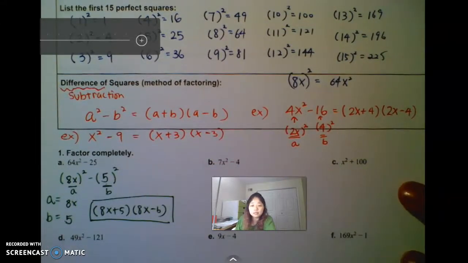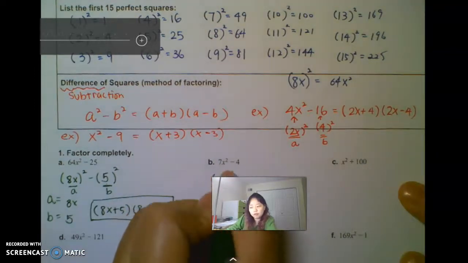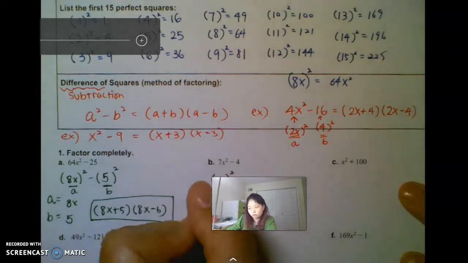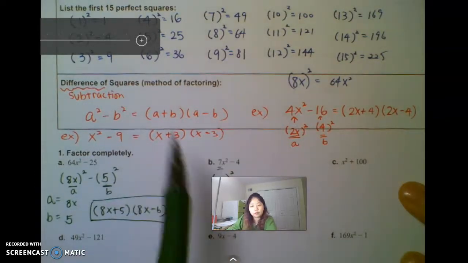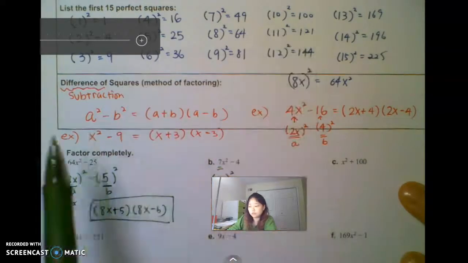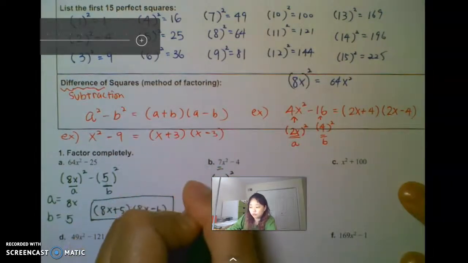B, 7x squared minus 4. 7? Is 7 a square root of something? No. 7 is not one of the perfect squares that we list here, right? So nope, it's not factorable.